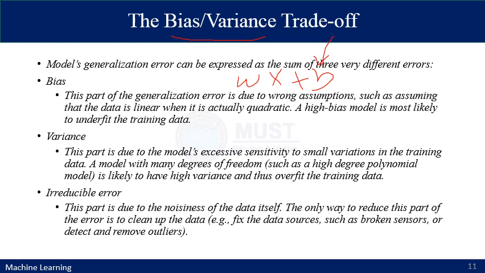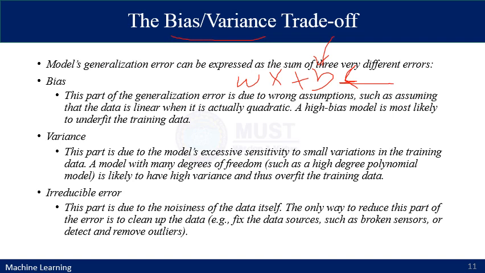So the bias factor of the generalization error is due to the wrong assumption you make with respect to your data, such as assuming that data is linear when it is actually quadratic. So this is the wrong assumption.